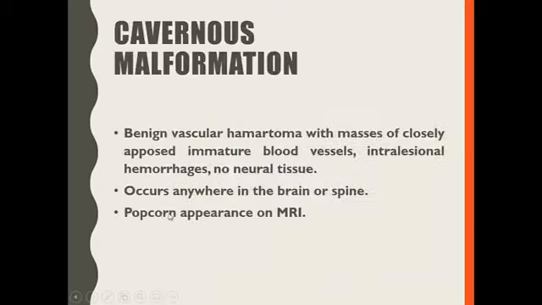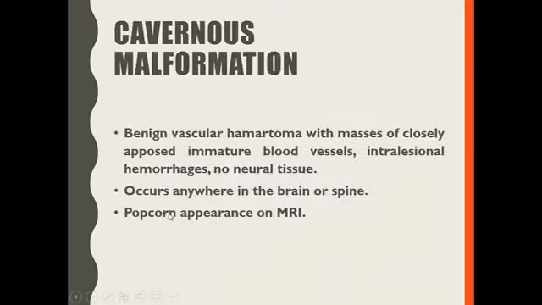Cavernous malformation is another entity of vascular malformation, and it is a benign vascular hamartoma with a mass-like cluster of closely packed immature blood vessels, and sometimes there is intralesional hemorrhage, and it contains no neural tissue. It can occur anywhere in the brain or spine, and on MRI it has a characteristic popcorn appearance, especially on T2 weighted image.